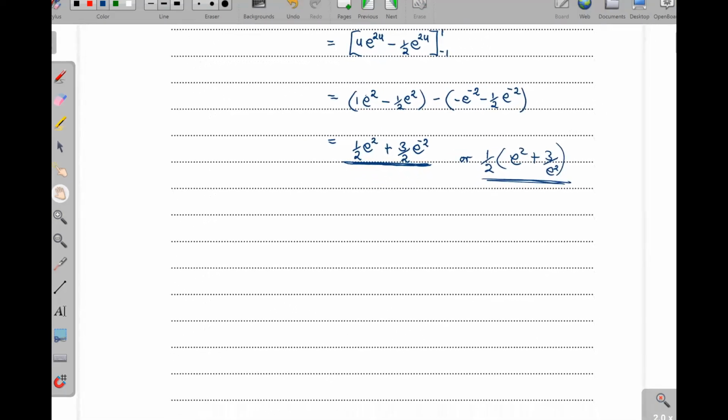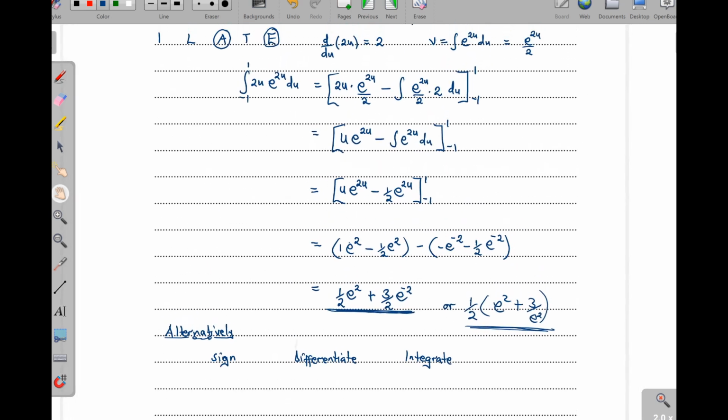Alternatively, we can use this synthetic approach. This one can actually simplify your work. After identifying the two functions you're going to differentiate and integrate, you have here the sign, then the function to differentiate, and then the function to integrate.